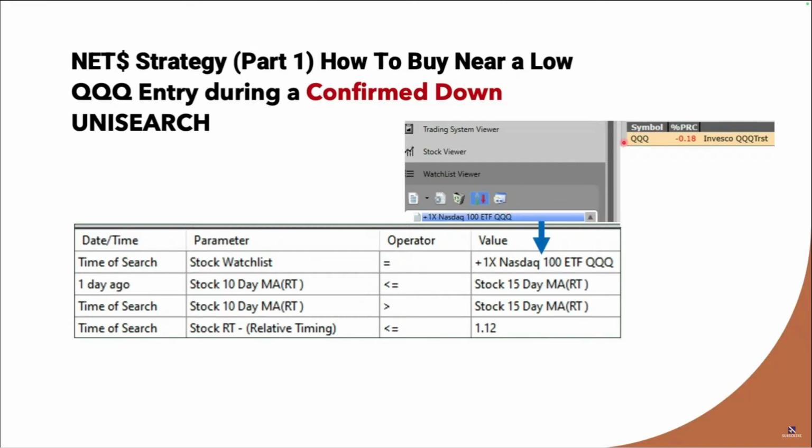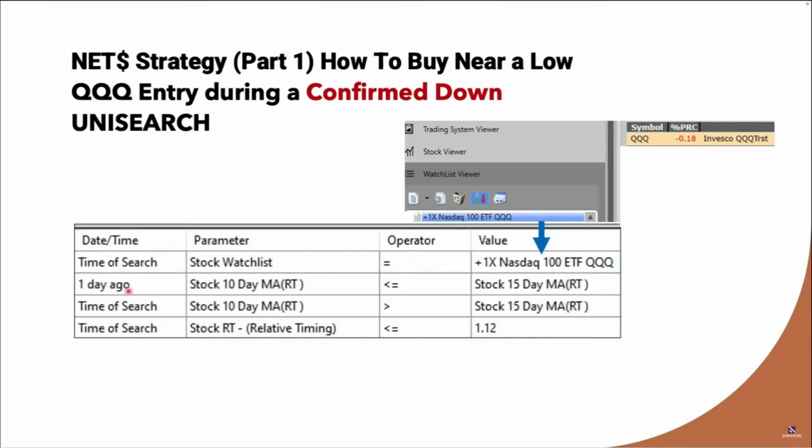I think it's QQQ copy, but I make my own. I actually did this early on because I had to remind myself that QQQQ is a positive 1x Nasdaq strategy ETF.